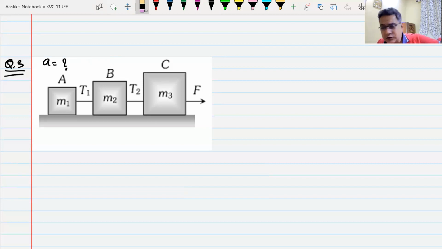What about T1 and T2? I know that you know how to find out A. I want you to tell me the value of T1 and T2. Then only I'll understand whether you have understood it or not. I'll give you 2 minutes to do this.